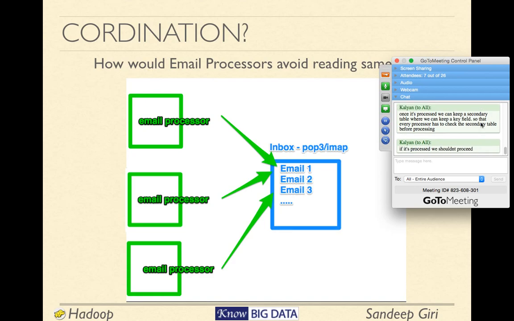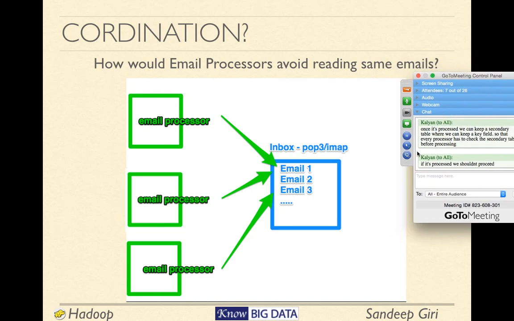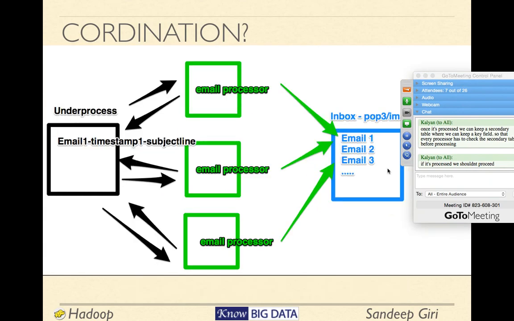Good, good. So basically, what he's talking about is maintaining another machine like this, where the email processor keeps a record that I am processing this particular email and do not touch this one, right?